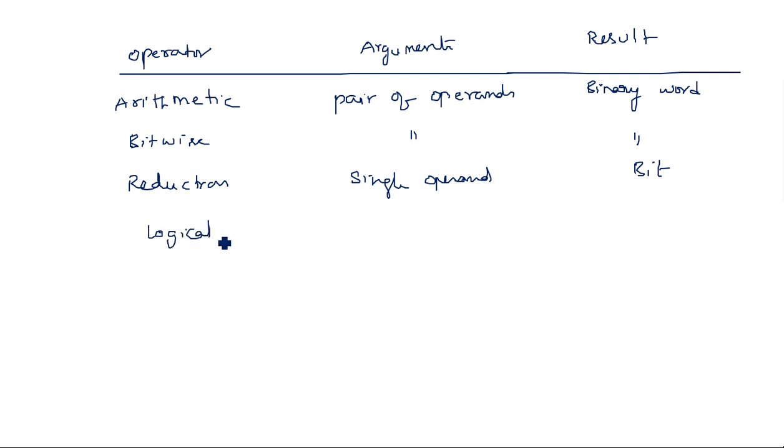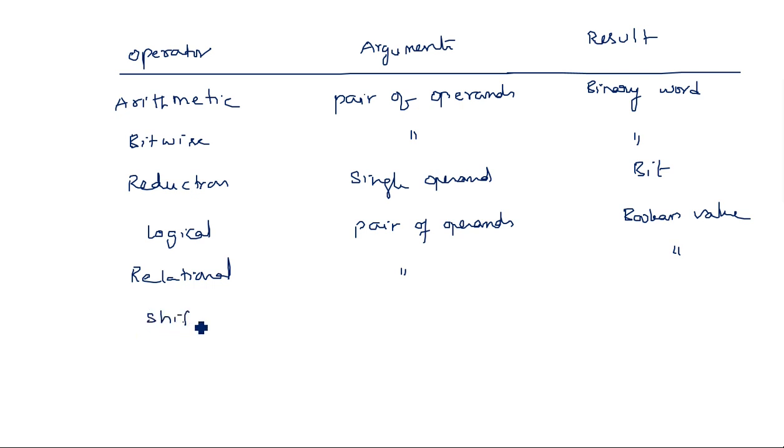Logical operators again need a pair of operands, and the result is a Boolean value, which is nothing but either 1 or 0. After a logical operation we will have either 1 or 0. Relational operators also take a pair of operands, and the result is again a Boolean value. Relational operators are greater than, less than, equal to. If the relation is true, it gives 1, otherwise 0.